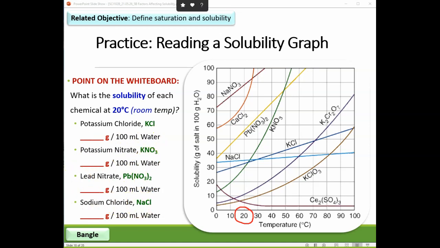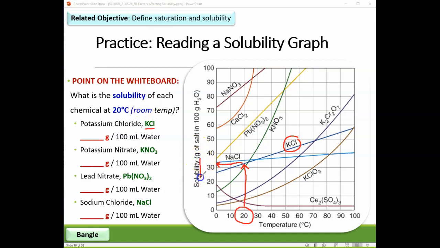So potassium chloride is KCl, and you can see my dark blue line shows me KCl. I'm going to go up from 20 until I hit that KCl line. And once I hit that line, I can just look to the left and figure out what that solubility is.